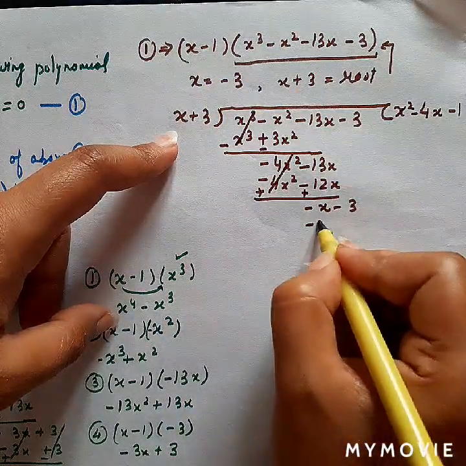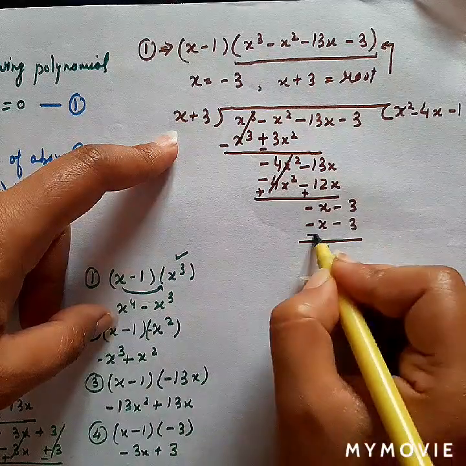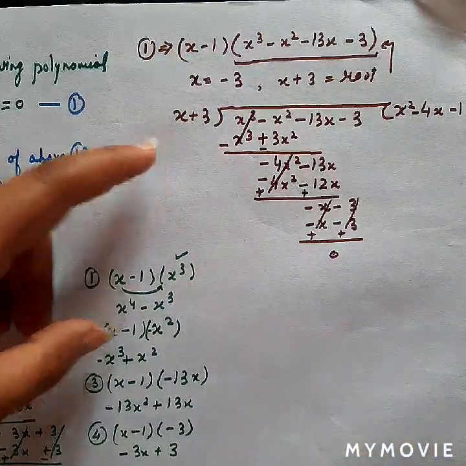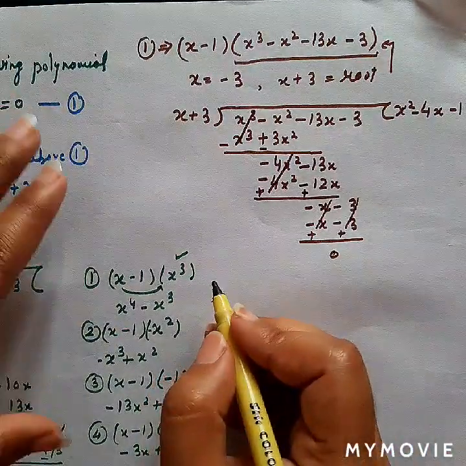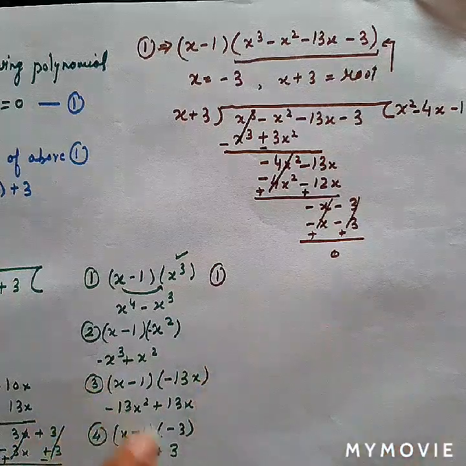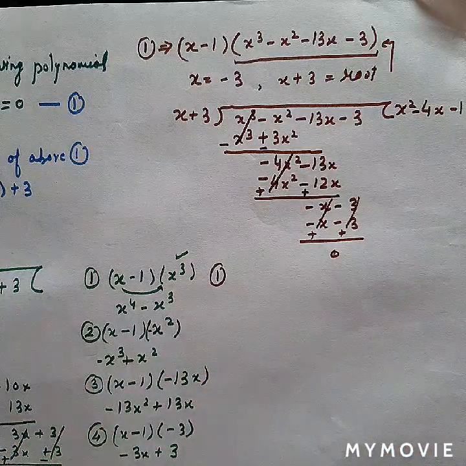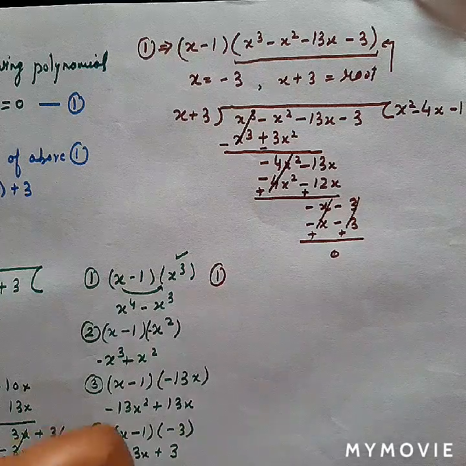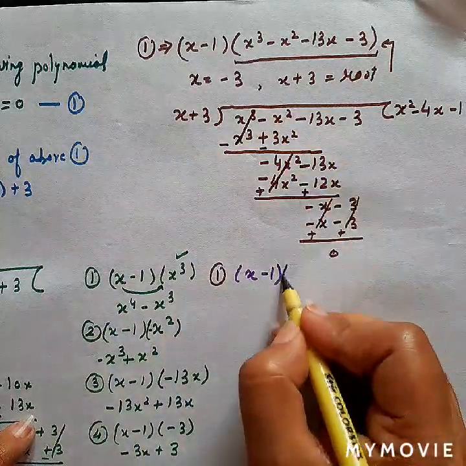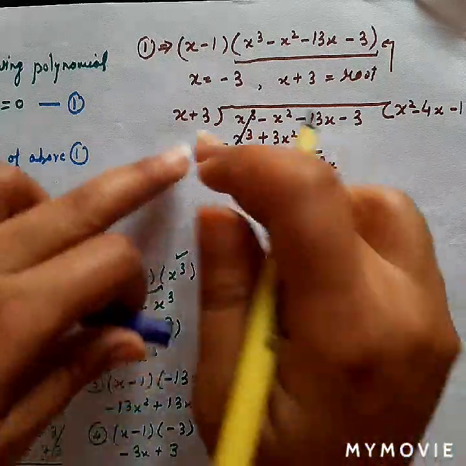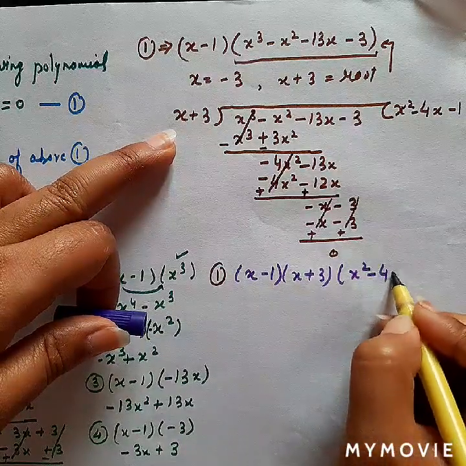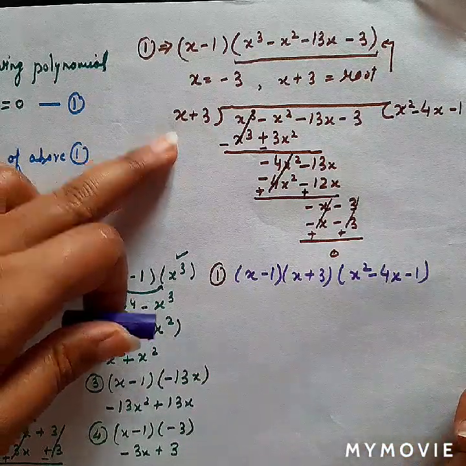So you will get the desired term, then change signs, you will find this value. So the above equation 1, which was our starting polynomial, has become x minus 1, then this x plus 3 multiplied with the quotient x square minus 4x minus 1.